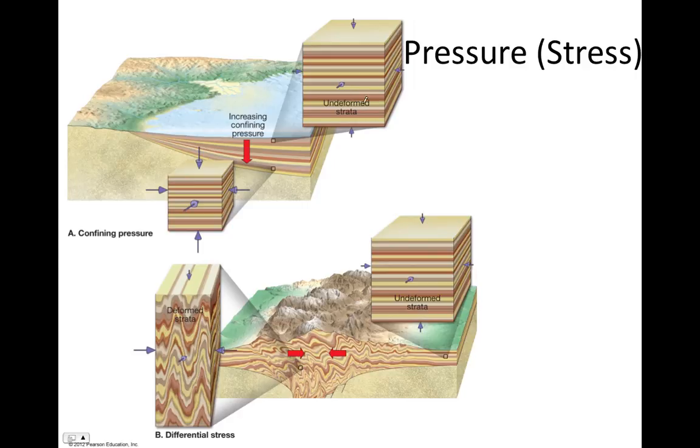So here in this image we have confining pressure, where if a rock is buried due to additional deposition of sediments, that increases the confining pressure, where the pressure is equal in all directions.